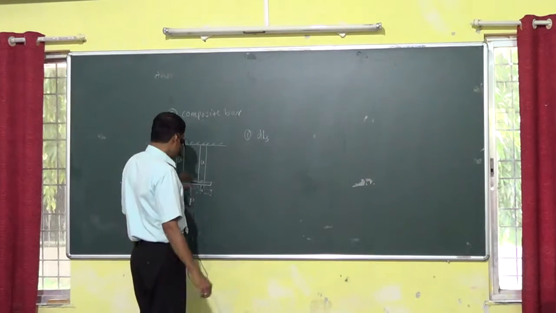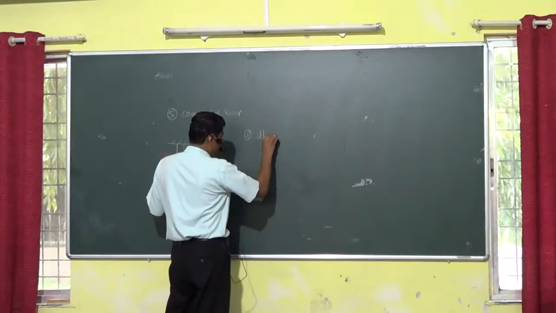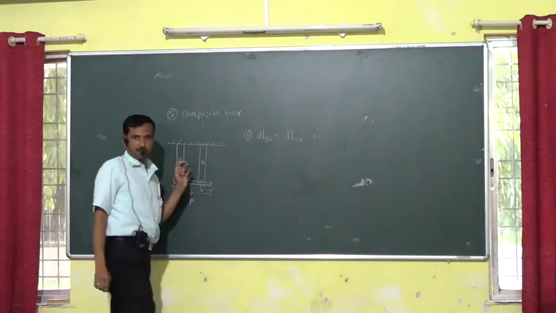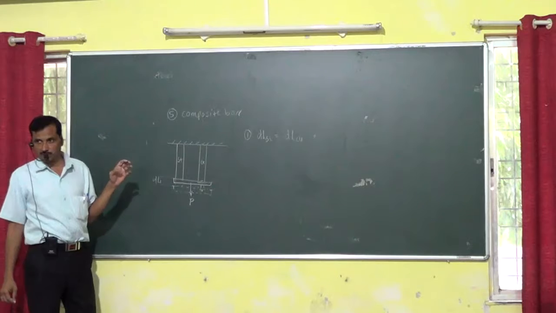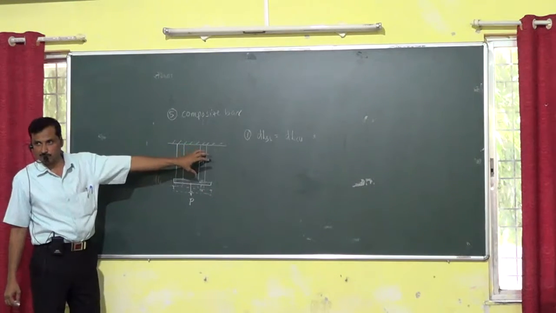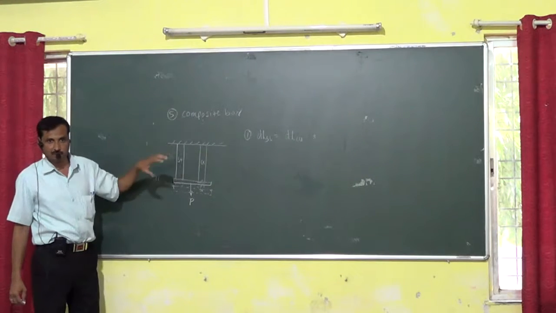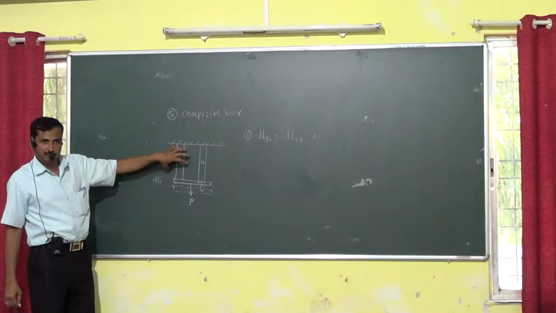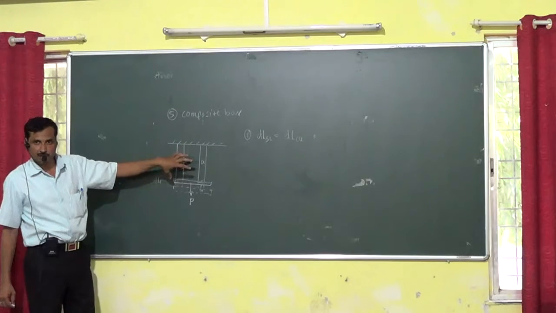the elongation present inside the steel is the same as the elongation present inside the copper. So the elongation in the first material is the same as the elongation in the second material. As usual, elongation is nothing but PL upon AE.